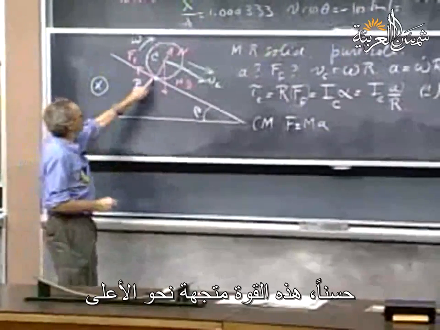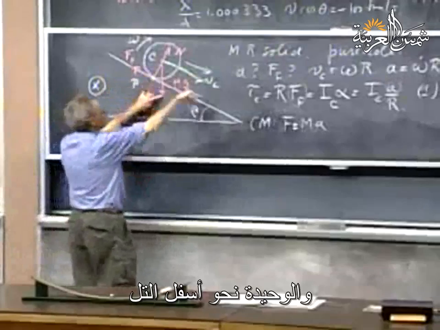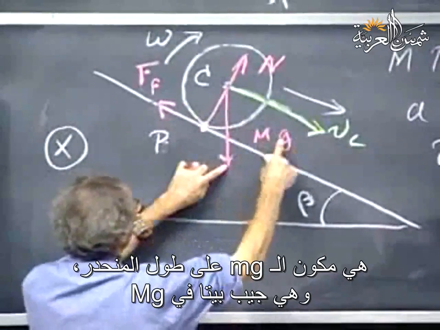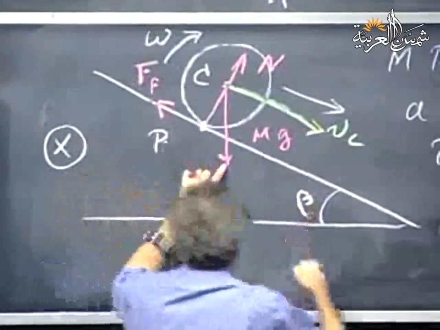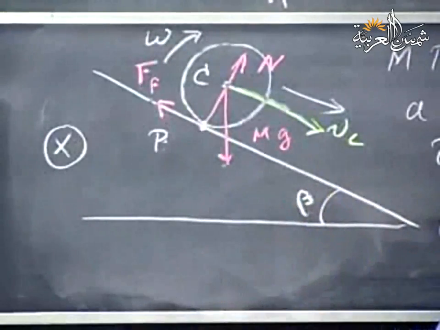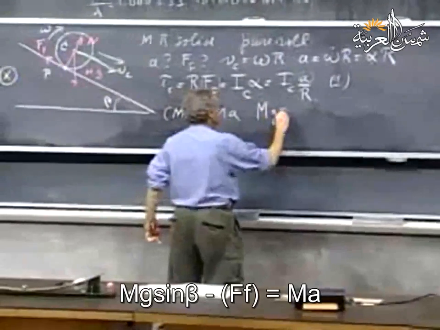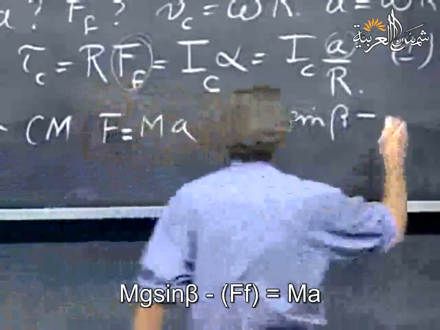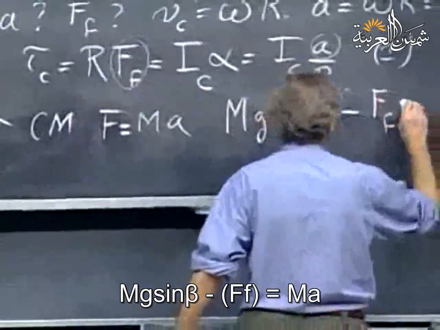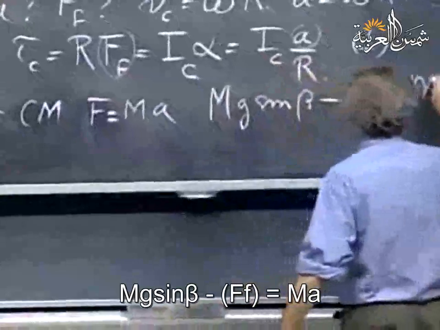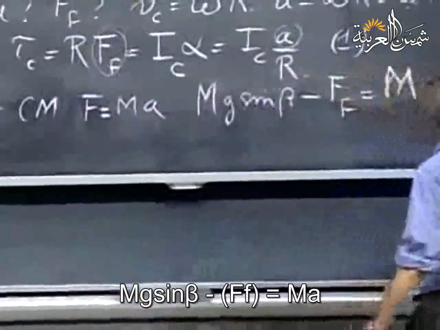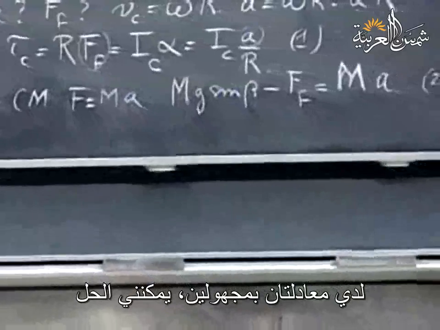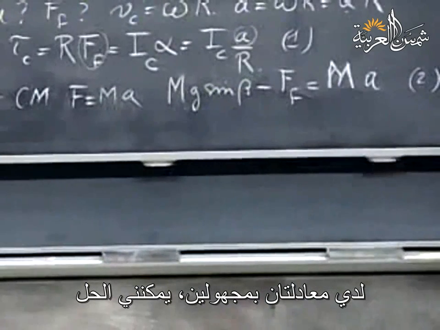Well, this one is uphill, and the only one that is downhill is the component of mg along the slope, which is mg sine beta. I call that the plus direction, so I get mg sine beta minus that frictional force equals m times a.